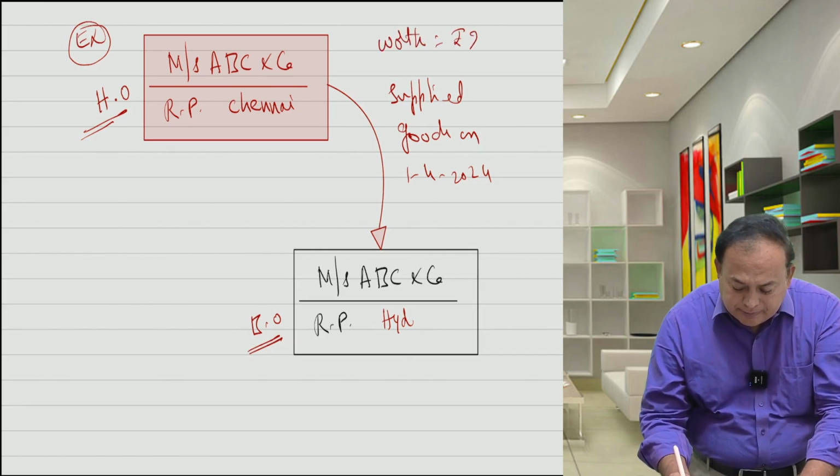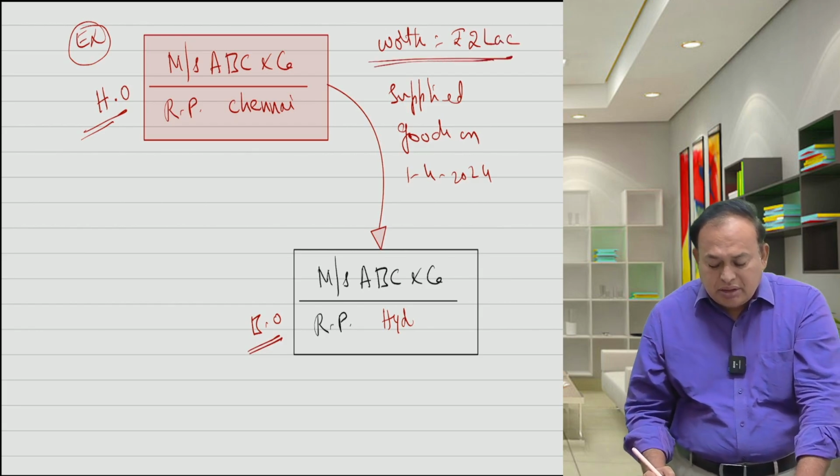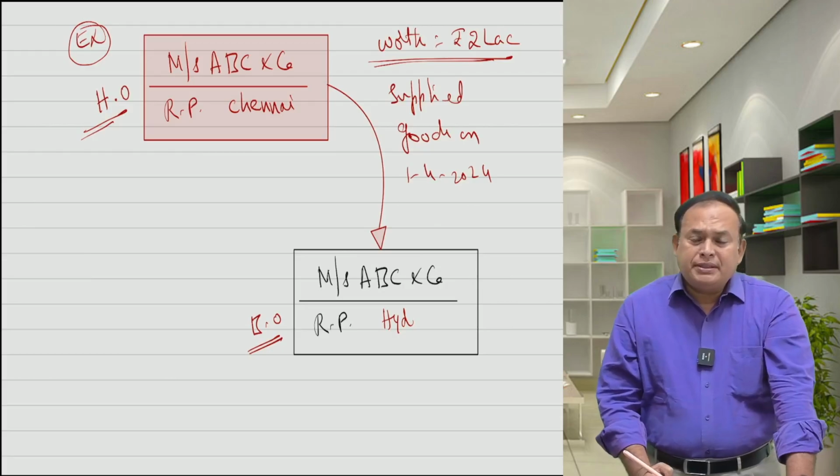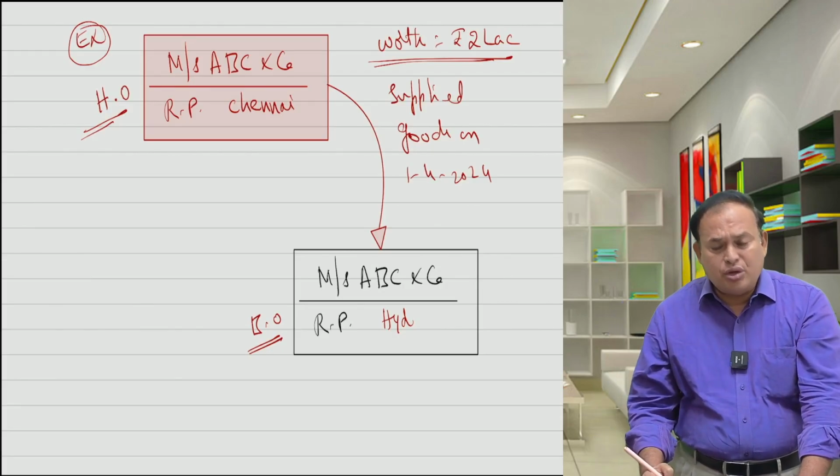Let us say 2 lakh. 2 lakh worth of the goods supplied on 1st April. They are distinct persons, undoubtedly.